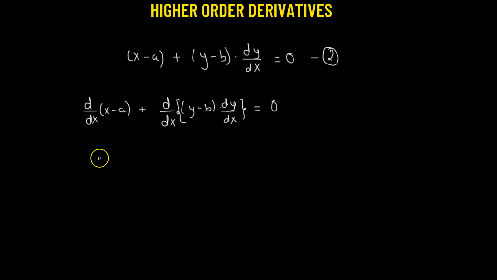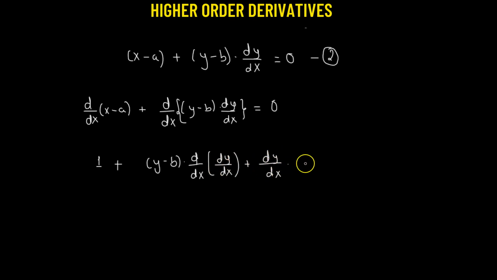Now the derivative of (x minus a) is going to be 1, plus here we'll have to use the product rule. So we'll have (y minus b) multiplied by the derivative with respect to x of dy over dx, plus dy over dx multiplied by the derivative with respect to x of (y minus b), which is equal to 0.